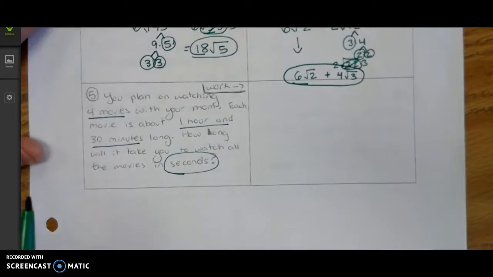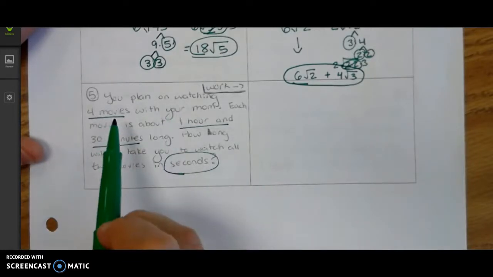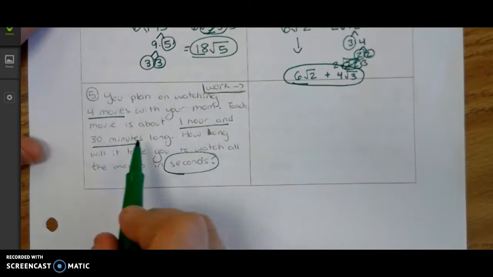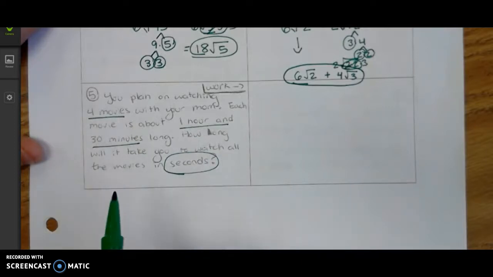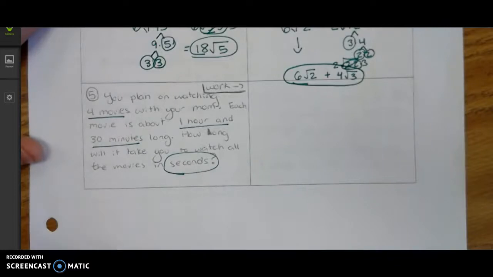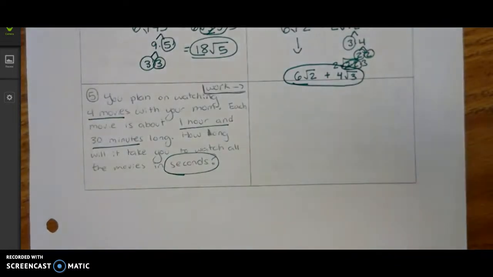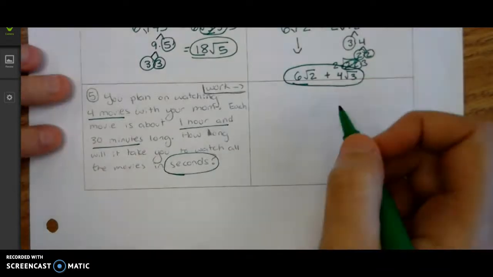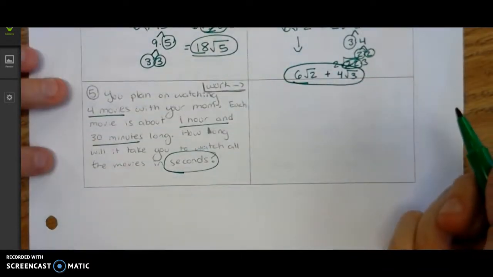So the parts that I underlined, first off, it told me how many movies. Second, it told me the amount of time each one was. And the last thing is that I need my answer to be in seconds, which is kind of weird, but just to make sure we can do the problem. So first I'm going to figure out how much time I need.